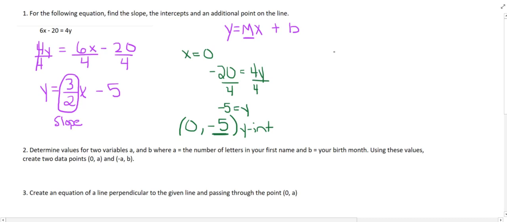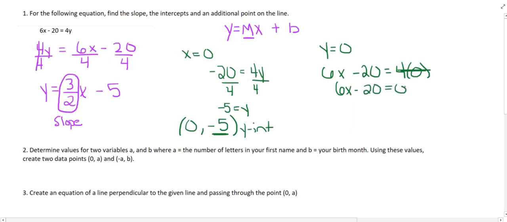Then I'm going to find my x-intercept. So I'm going to plug 0 in for my y value. So 6x minus 20 equals 4 times 0. Okay, 4 times 0 is 0, so this just becomes 0. So I get 6x minus 20 equals 0. Then I just want to solve for my x value. So I'm going to add 20 to both sides. That's going to give me 6x. These 20s will cancel, and 0 plus 20 will give me 20. Then I will divide both sides by 6.